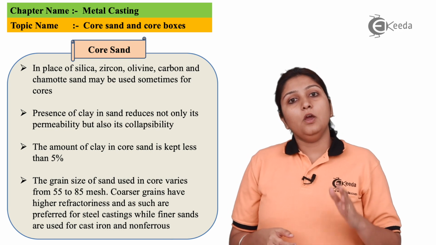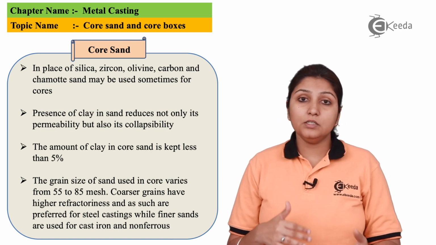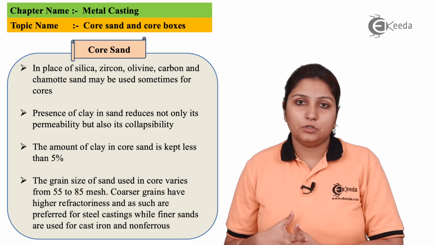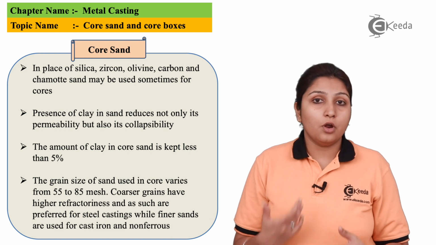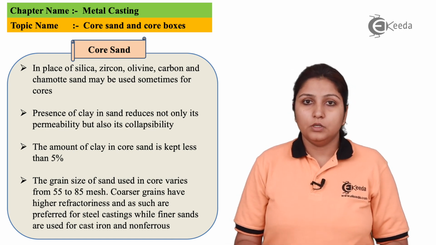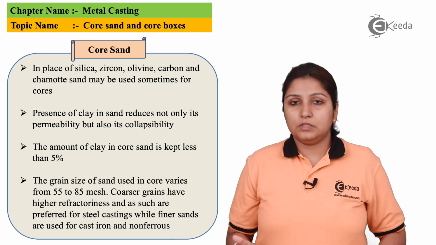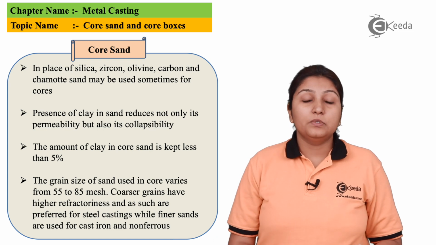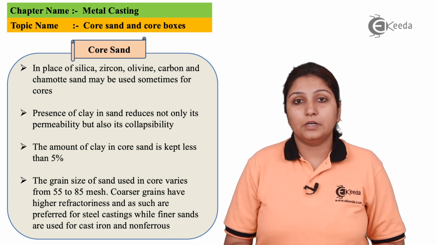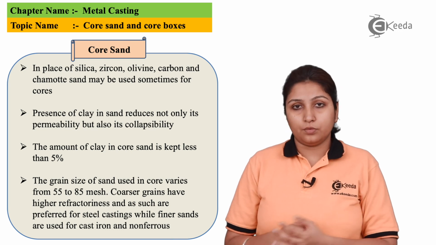So we just have to control the percentage of clay, that is, it should not be more than 5%. The percentage of clay in a core sand or any of the sand should not be more than 5%. As I have told you, it helps in decreasing the permeability as well as collapsibility property of your core.